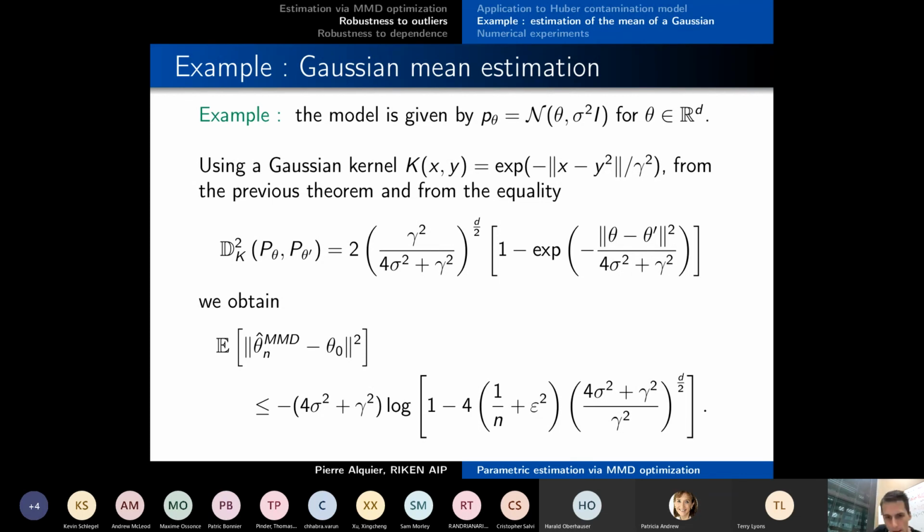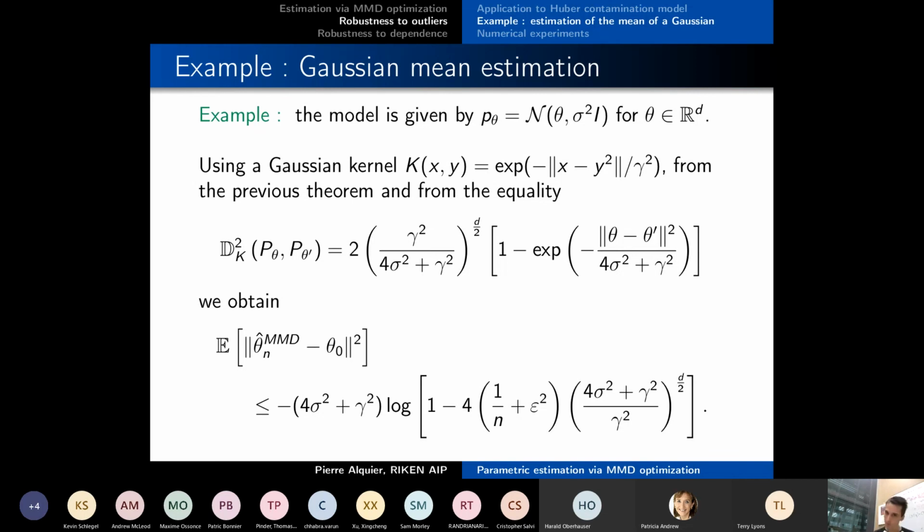Maybe it looks a bit complicated, but it's a log of 1 minus something, and this 1 minus something is essentially a constant times 1 over n plus epsilon squared. So when epsilon squared is small and 1 over n is small, because the sample size n is large, this is close to 0, and this is fine. So the squared distance, for example, when epsilon goes to 0, goes to 0 at the rate 1 over n.